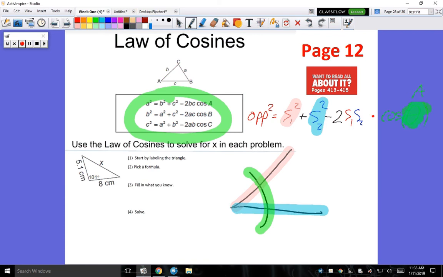So you're looking at side, angle, side. Bam. When you identify this, it's going to be law of cosines. And look, pretend that this is a light bulb, and this is like a flashlight. There's a lot of light coming, and it's shining the light on whatever this opposite side is over here.